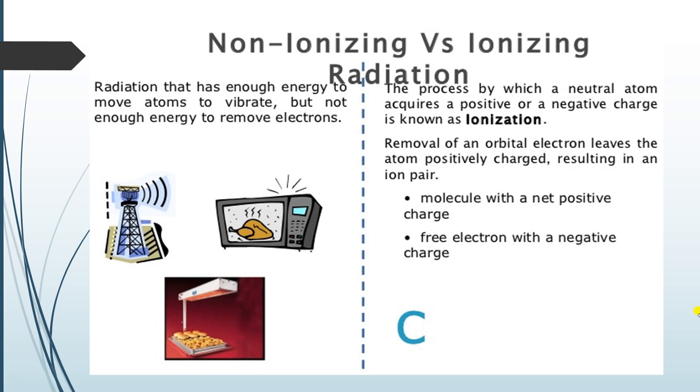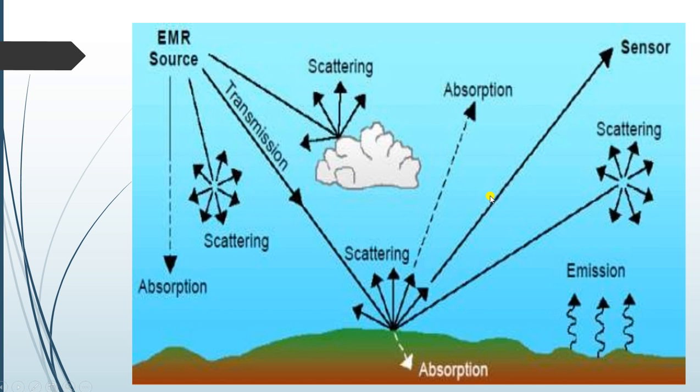The molecule results in an ion pair: a molecule with net positive charge and a free electron with negative charge. What happens to the free electron with negative charge, we are going to study in this chapter.